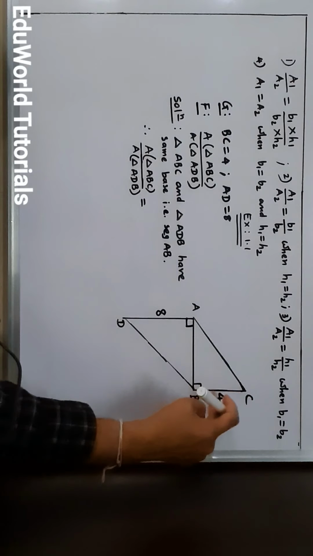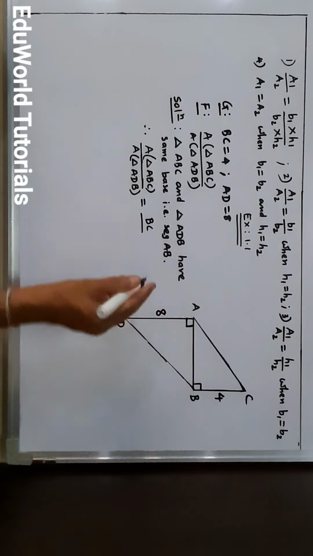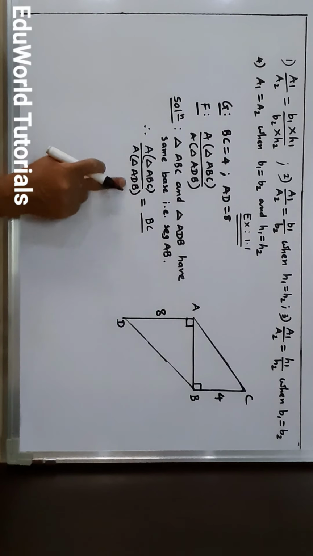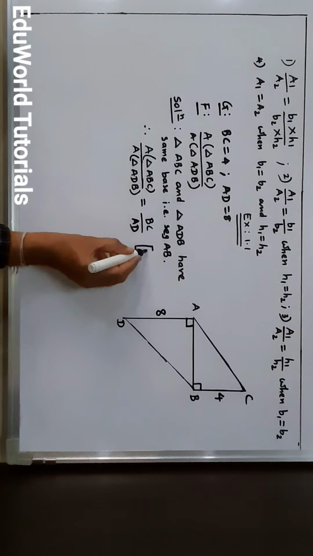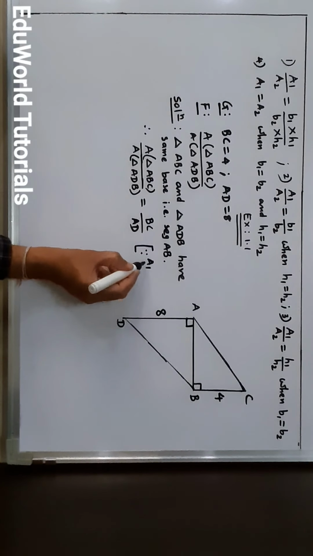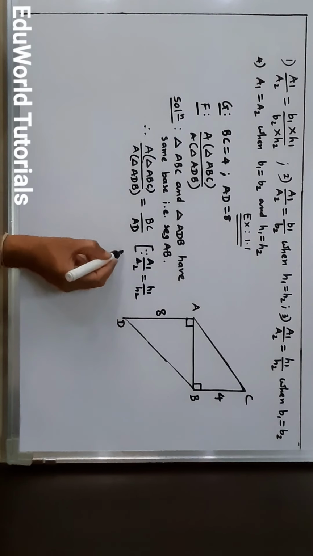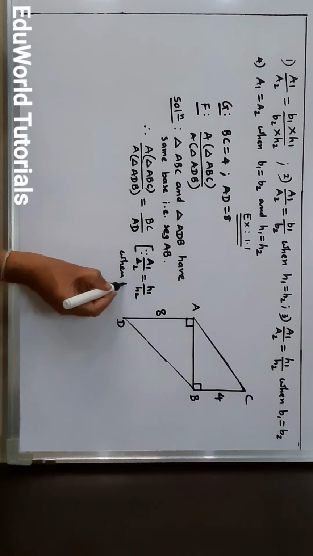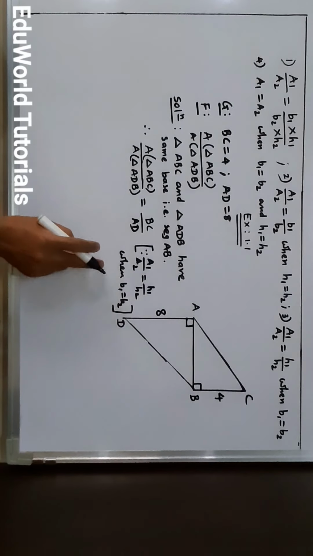H1 is height of this triangle, that is BC, and AD is the height of the other triangle, that is triangle ADB. So we have to write AD, and what reason do we have to write for this? Reason: A1 upon A2 is equal to H1 upon H2 when B1 is equal to B2. This is the reason we should specify in mathematical form.